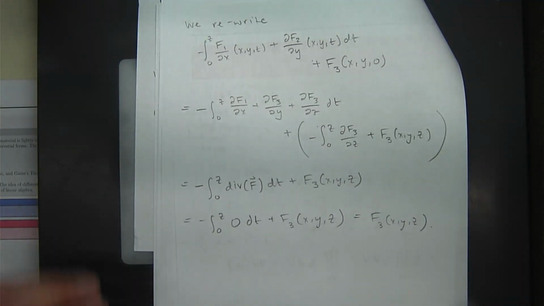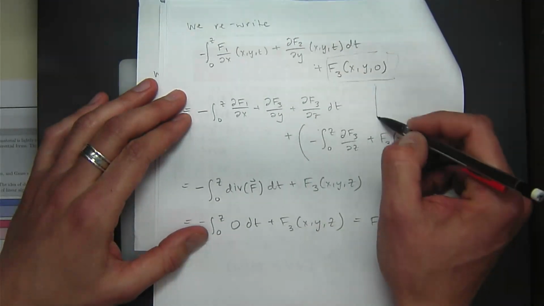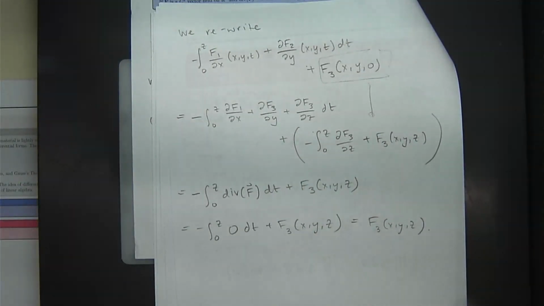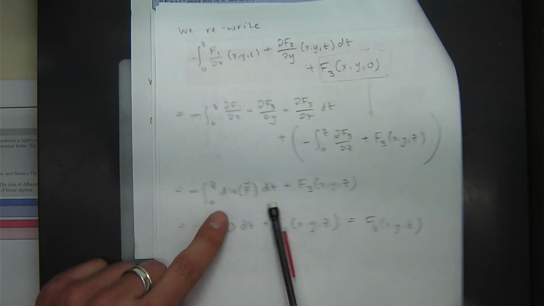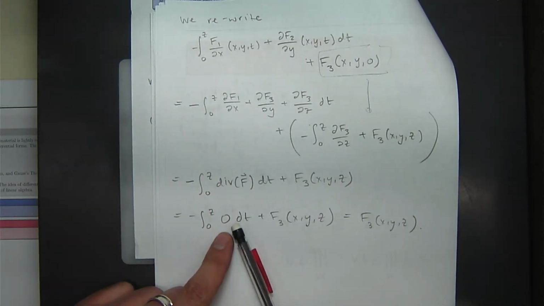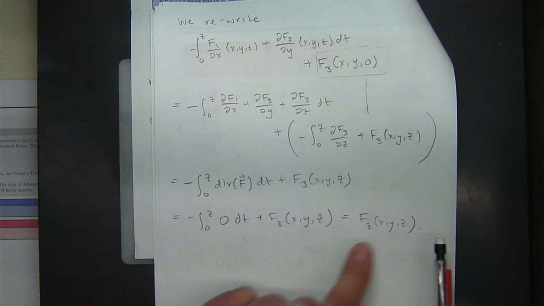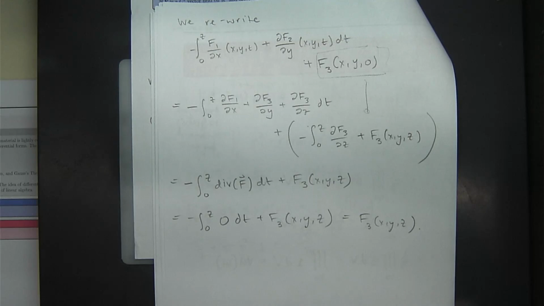So rewriting this guy using the fundamental theorem of calculus, we get the missing terms to complete our divergence. This then integrates out to 0 because we're a divergence-free vector field, and then we get the F3 that we wanted. The magic works, everything is nice.